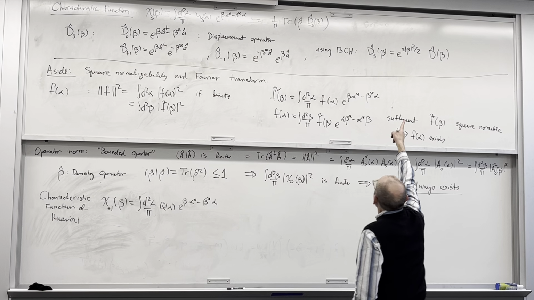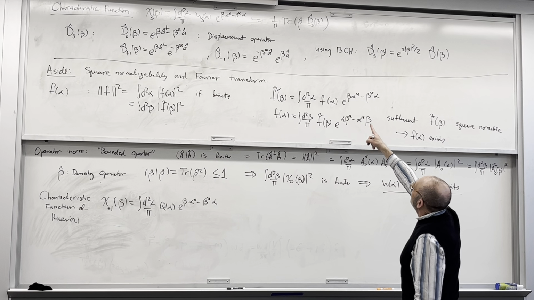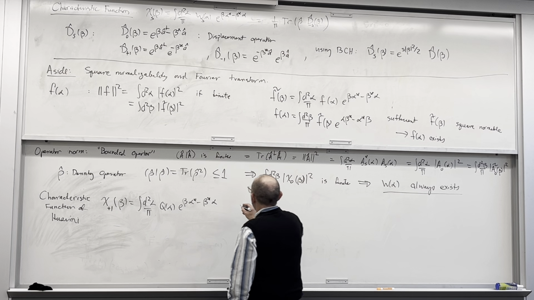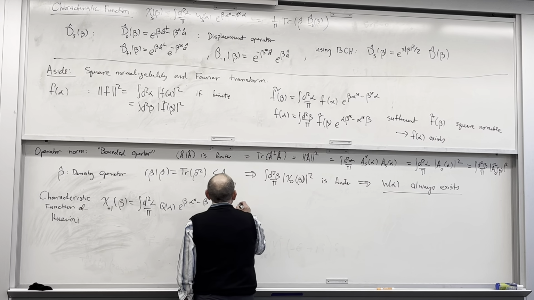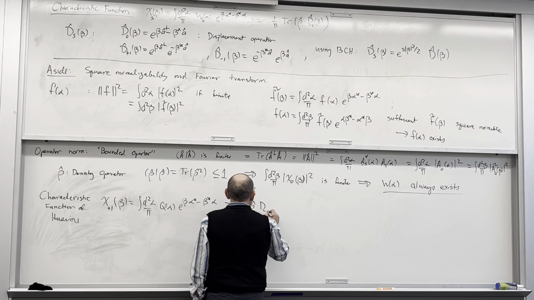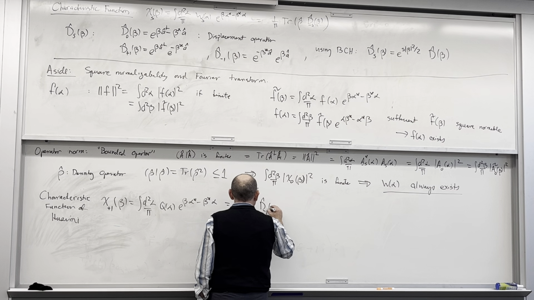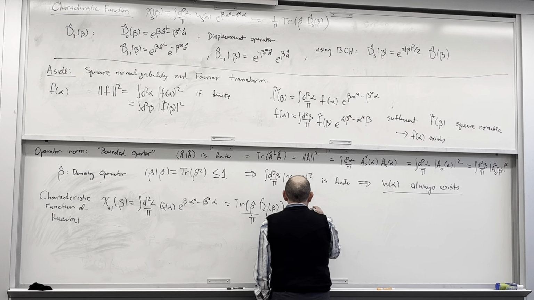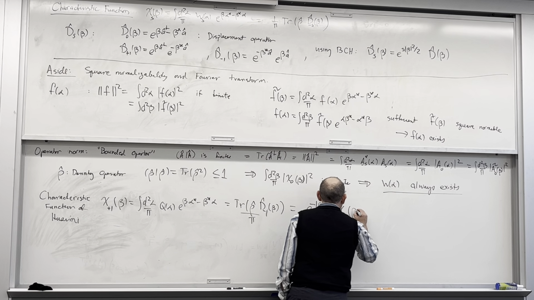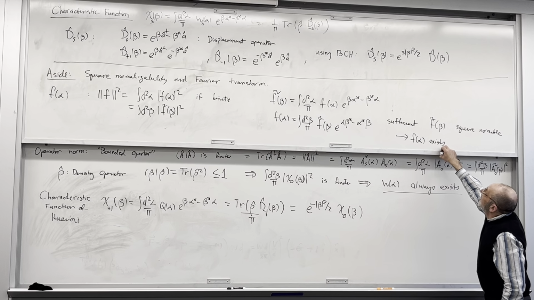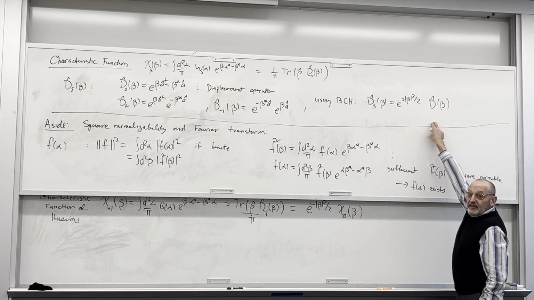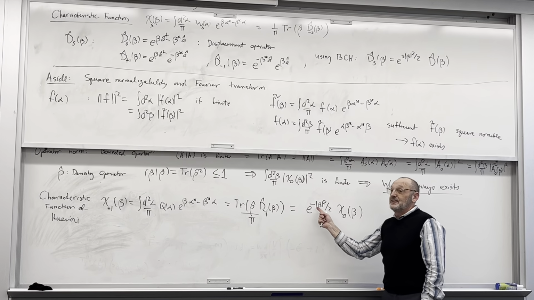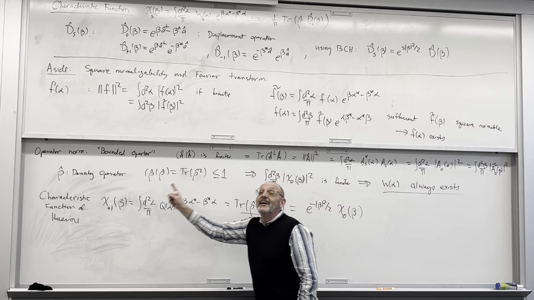Well, what we said over there somewhere, because of that effect, what I see is that that's s equals plus 1. So I have to trace this rho with D minus 1. But that's equal to e to the minus beta squared over 2 times the characteristic function of the Wigner function, because Deutsch is crazy and you have a plus 1 here and a minus 1 there.